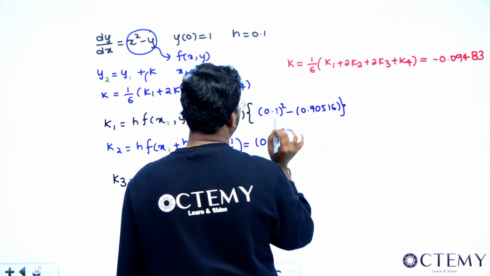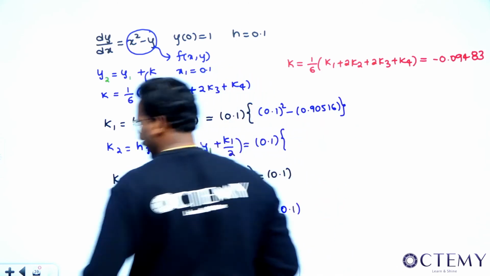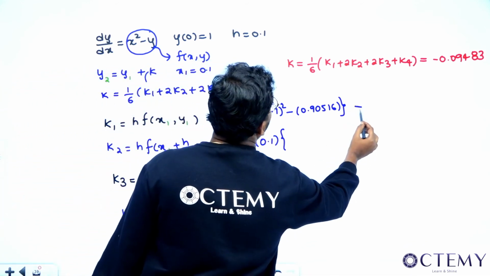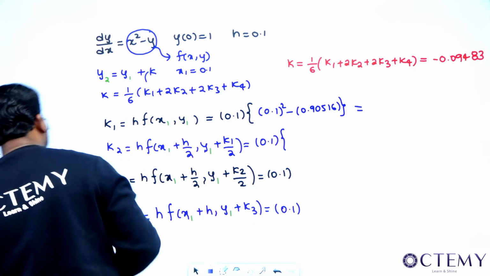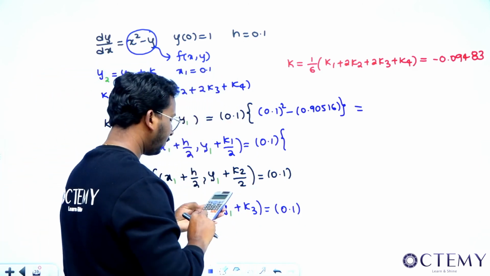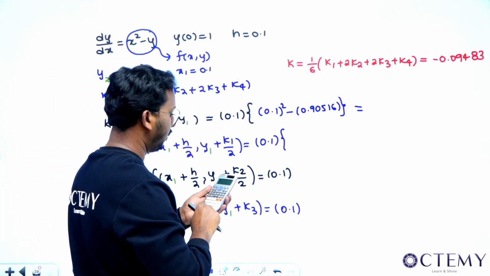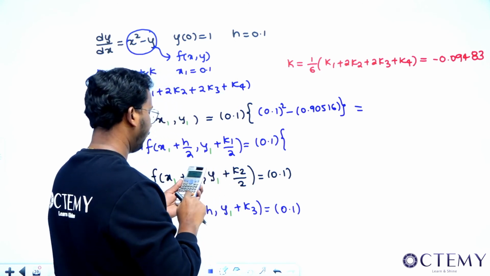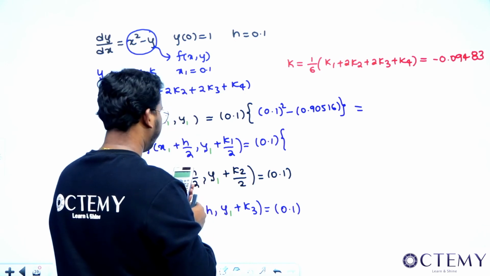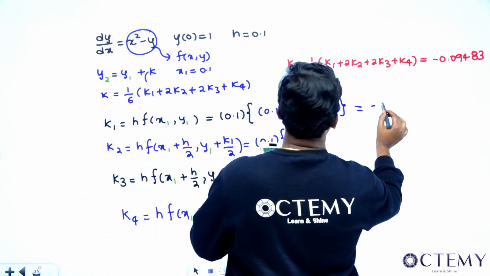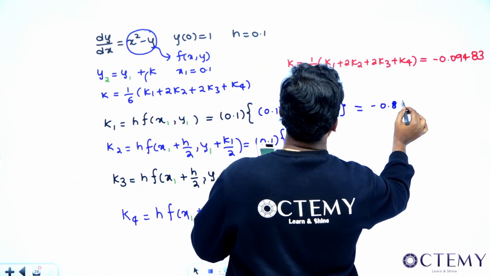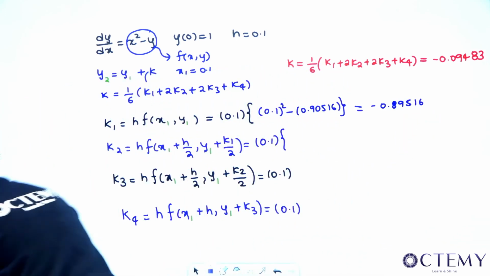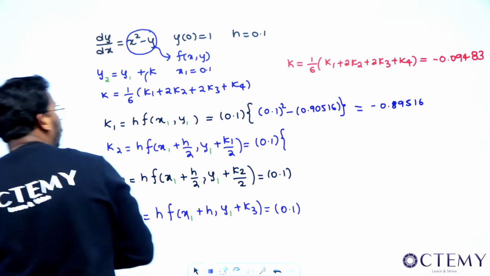Similarly, if you calculate this, it will become 0.1 square minus 0.90516 into 0.1. This will get you minus 0.89516, right? Similarly, see sir, if I write all other things, you know how to substitute these values.